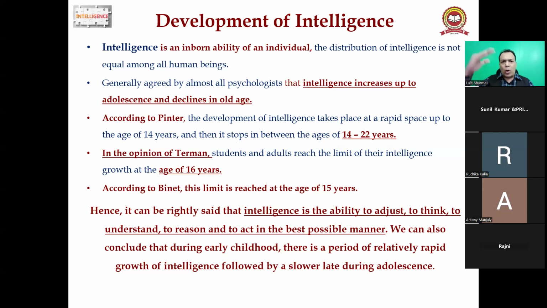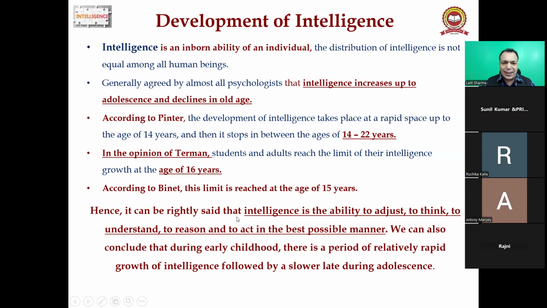So basically, from psychologists like Pinter, Terman and Binet, we have come to know that intelligence goes on increasing rapidly during the adolescent age and declines, not stops, declines after the adult age.